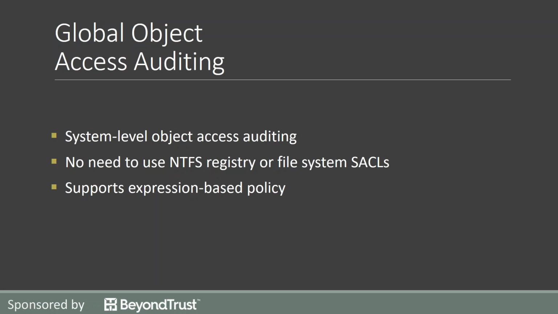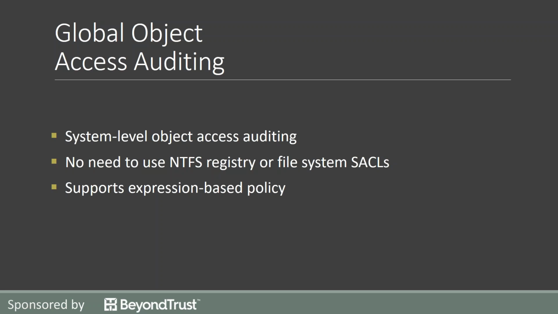In Windows 2008, Global Object Access was introduced, but it was only in the R2 version of Windows 2008 that we got group policy control. Before that, you could configure it only through the command line.